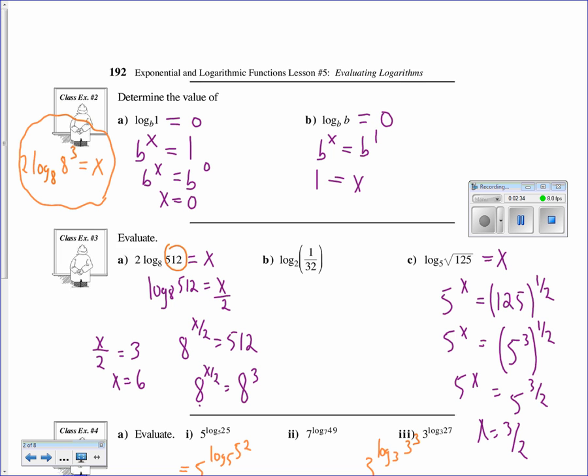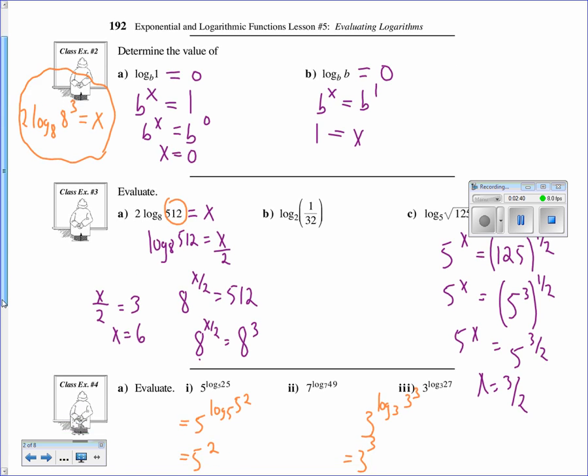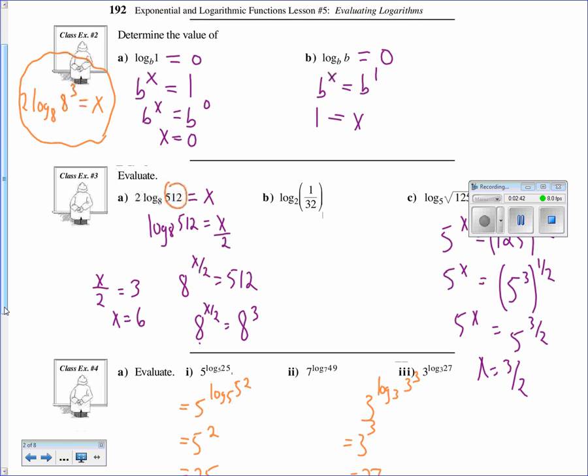I have some very similar work to do down below, and I actually did class example 3 twice. I first did it in the conventional format. I moved the 2 over to the right-hand side, divided by 2, and then I said 8 to the exponent of x over 2 is equal to 512.